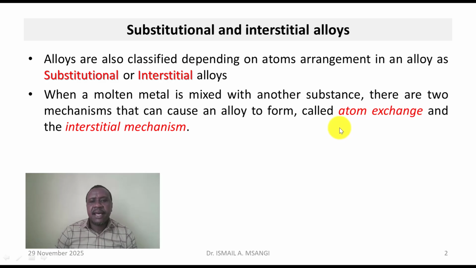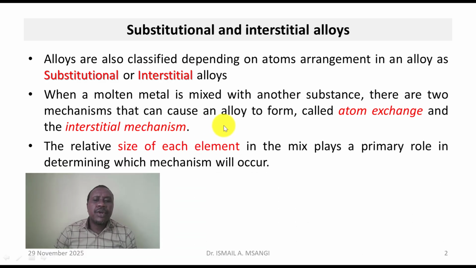We expect either atoms may mix in atom exchange mechanism, or atoms may mix through interstitial mechanisms. And through these two mechanisms, size of the element in the mix plays a primary role to determine which mechanism will occur over which mechanism.